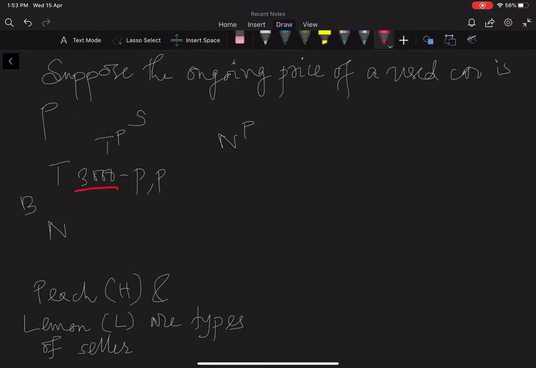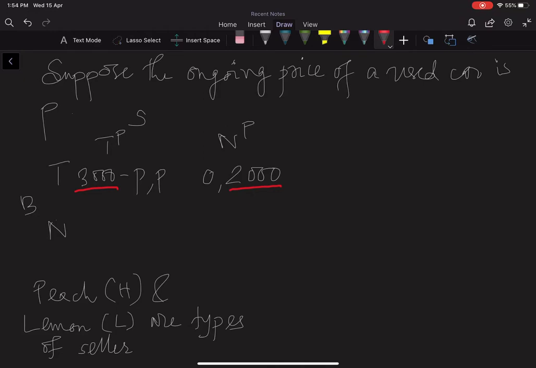Okay, if the car is not traded, then obviously the buyer gets 0. The seller gets to keep the car, and the seller's payoff from the car is 2000. So what does this mean? For the seller, the peach quality car is worth 2000 to him, and if the same car is bought, the buyer values it at 3000. Basically, the buyer's valuation of the car is bigger than the seller's valuation, so there is benefit from trading.